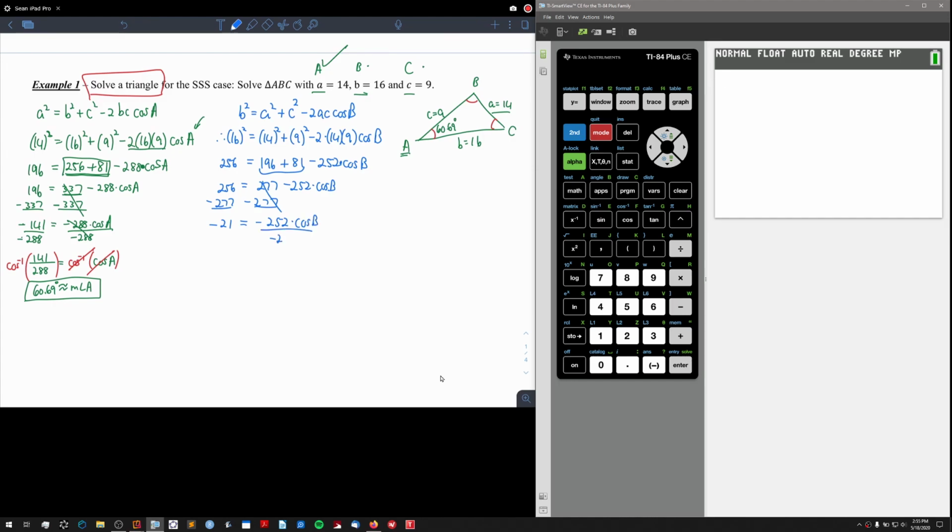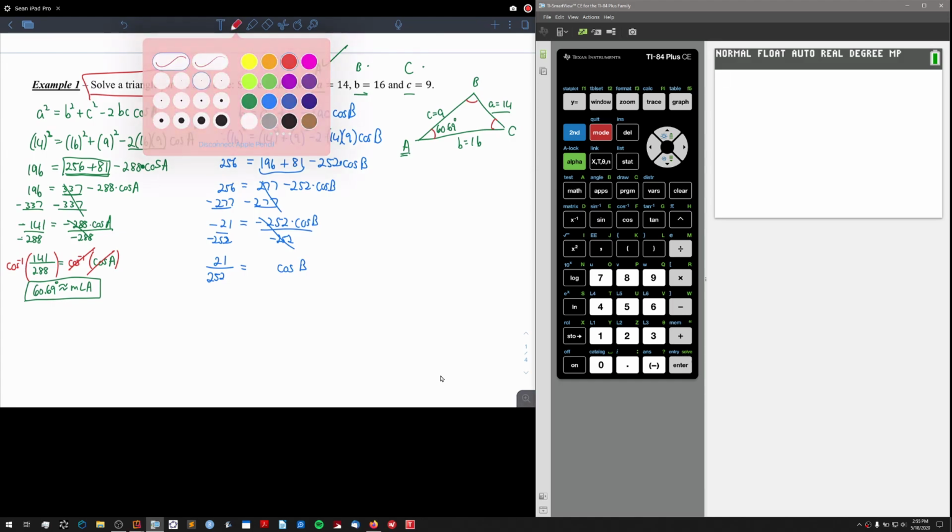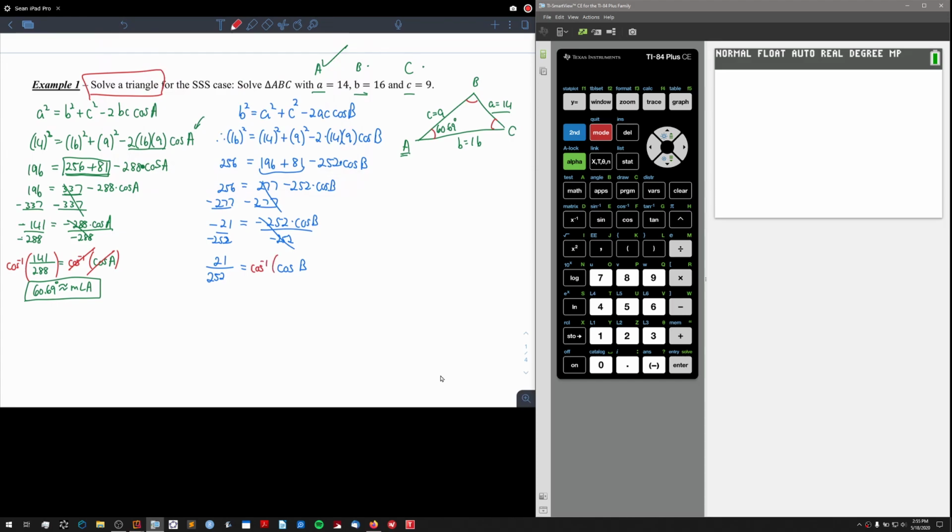Divide by negative 252. Okay, cancel here. So what I have now, again, careful here, is 21 over 252. Don't round or make it a decimal, equals cosine B. And how do I get out of there? Again, inverse operation. Okay, take the inverse of both sides.